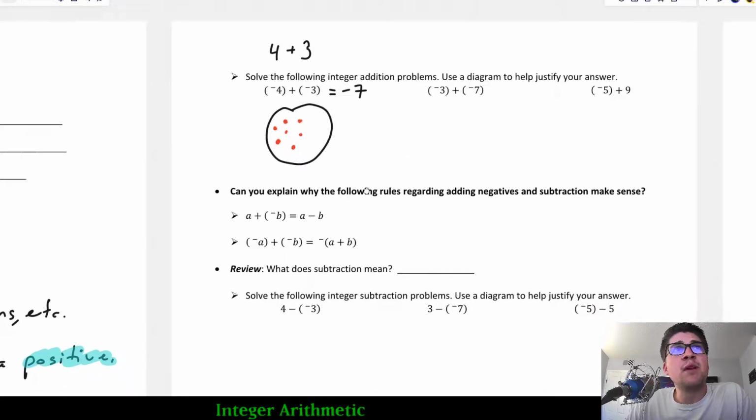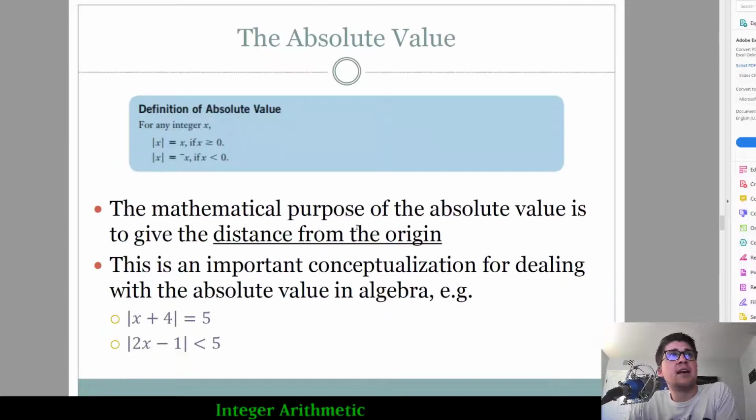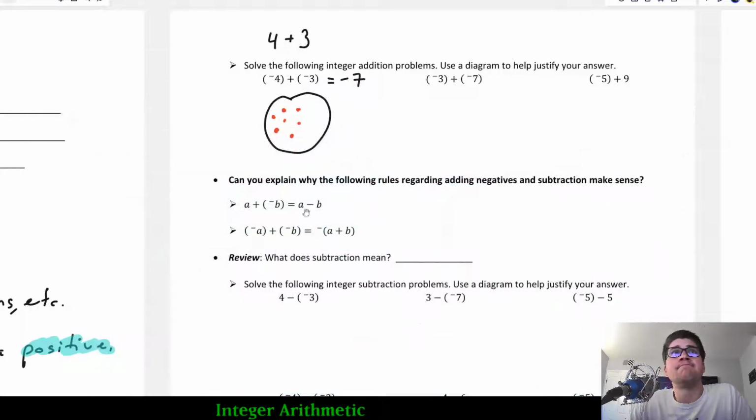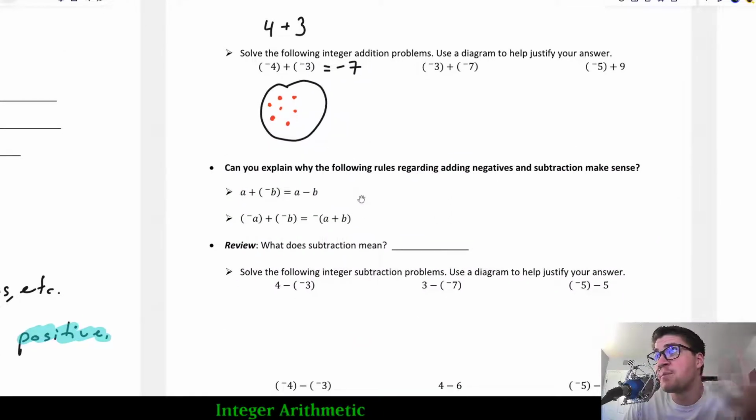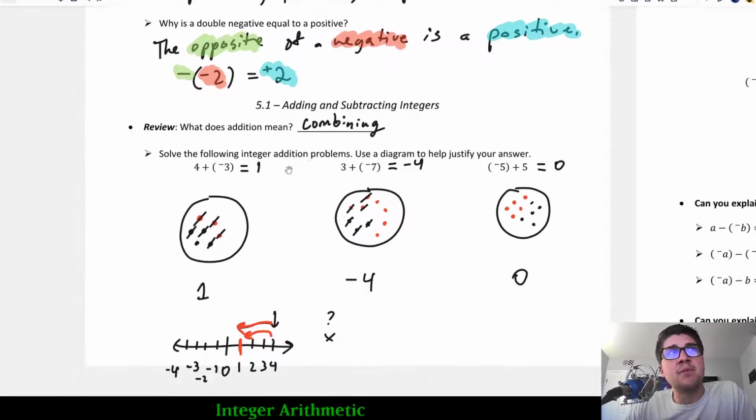And so if we wanted to summarize these with rules, our book has these general rules, basically rules or theorems that have been developed for integer arithmetic. But what it says is a plus -b is equal to a minus b. But as we're looking at a couple of these examples, what we can see is that if we add a negative to a positive, it has a subtractive effect, because positives and negatives offset one another because they are opposites.